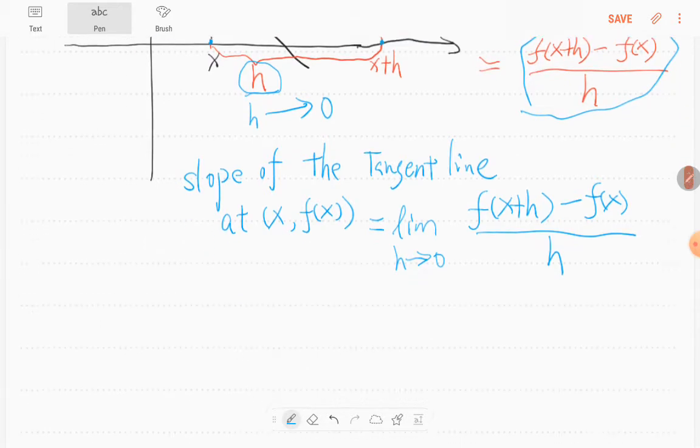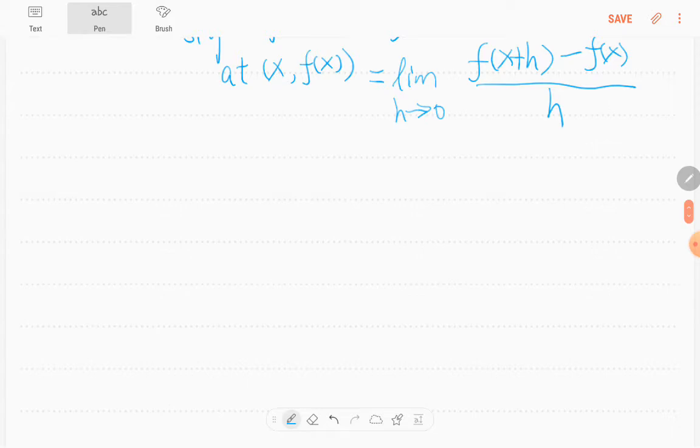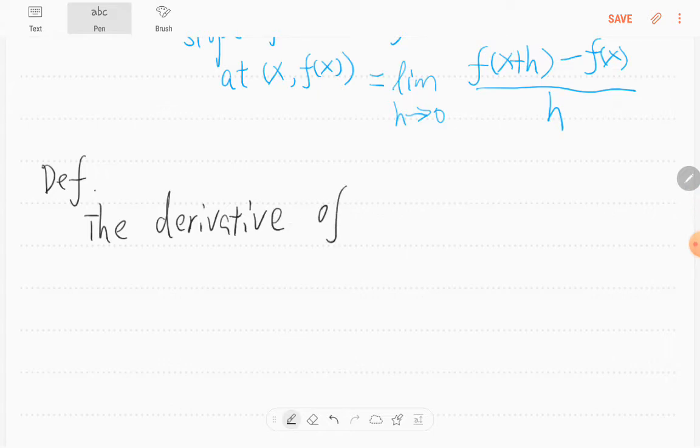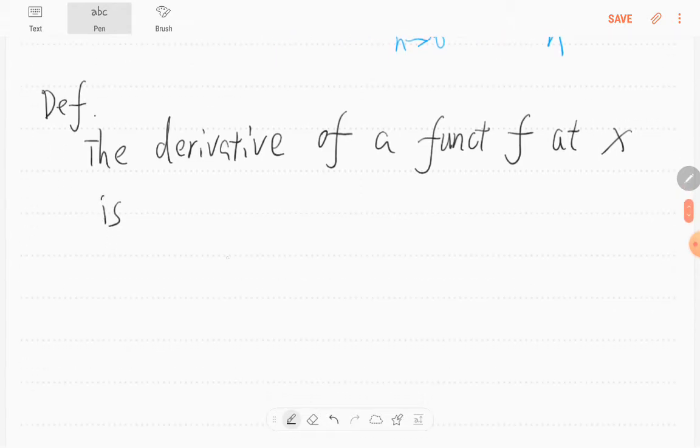So now let's look at the definition of the derivative. The derivative of a function f at the point x is denoted by f prime of x.